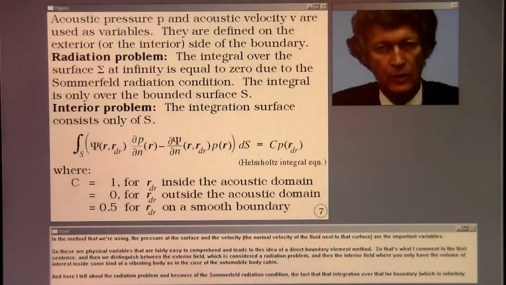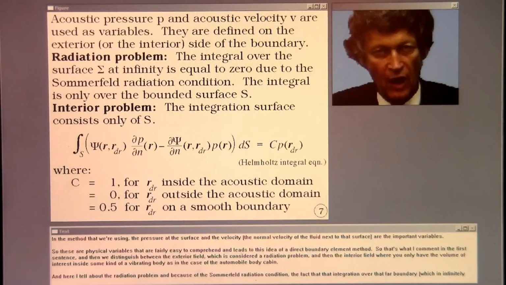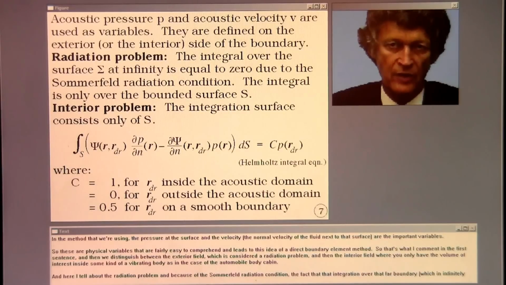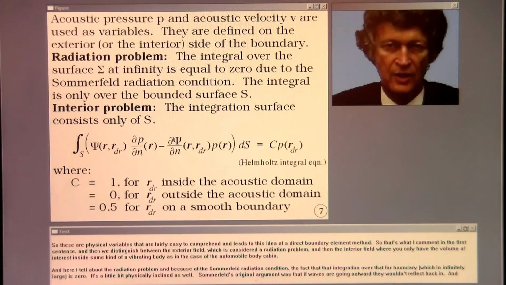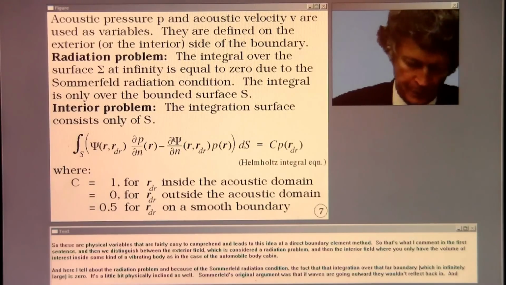In the method that we're using, the pressure at the surface and the normal velocity of the fluid next to that surface are the important variables. So these are physical variables that are fairly easy to comprehend, and this leads to the idea of a direct boundary element method.